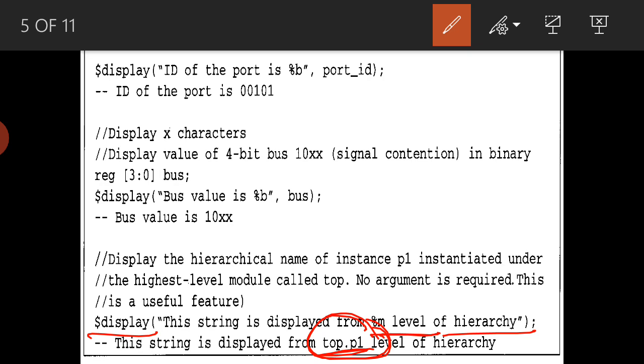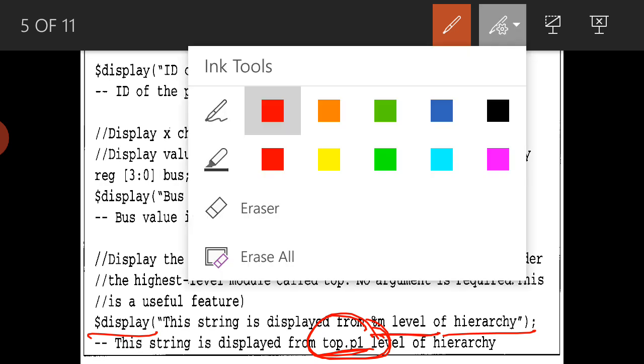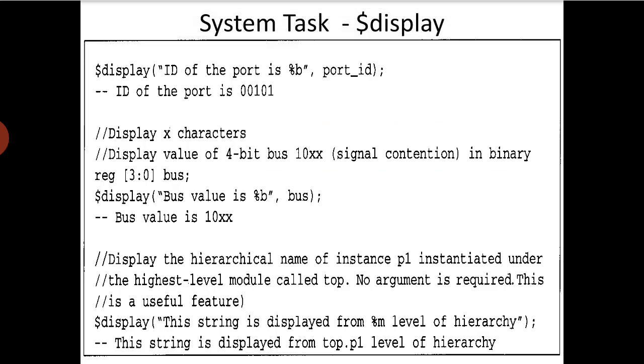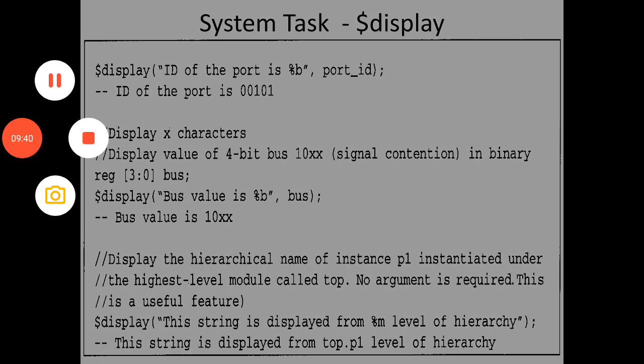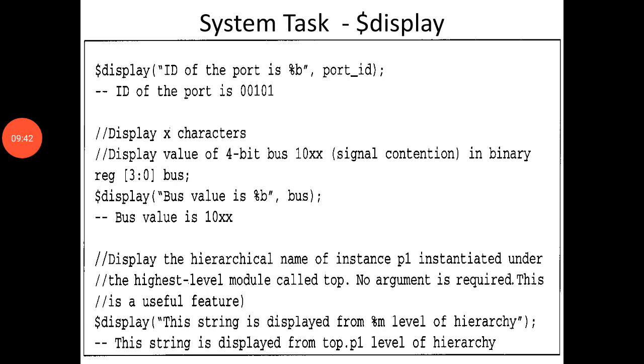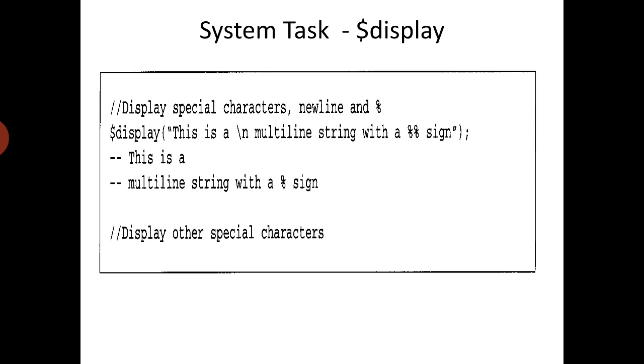So like this, display will be used to display variables, strings, file names, and values in decimal, octal, hexadecimal. So we can represent in different formats. Basically, during the running mode, if we want to see the intermediate signals, in that case we can display the values.